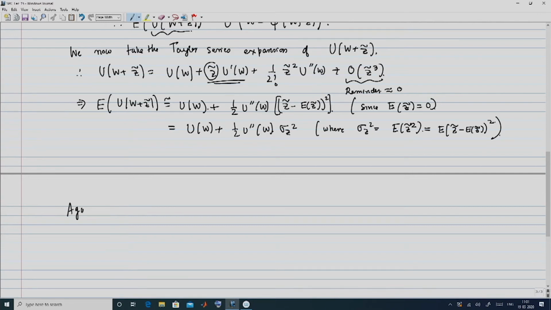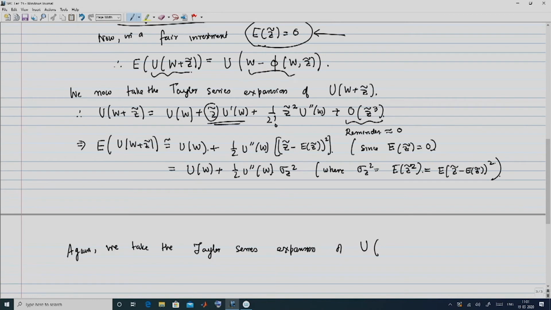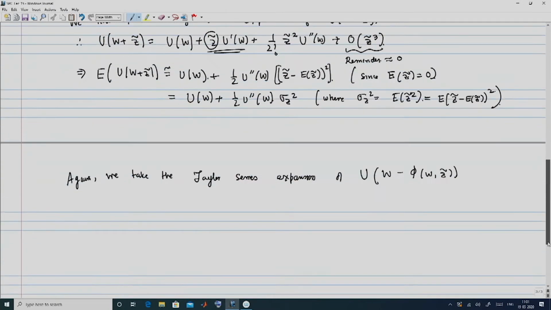Now, we take the Taylor series expansion of this term as a whole, u of W minus phi W z tilde.